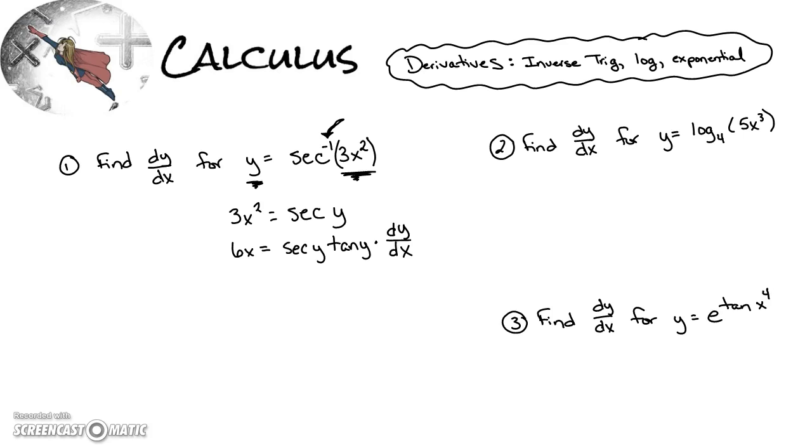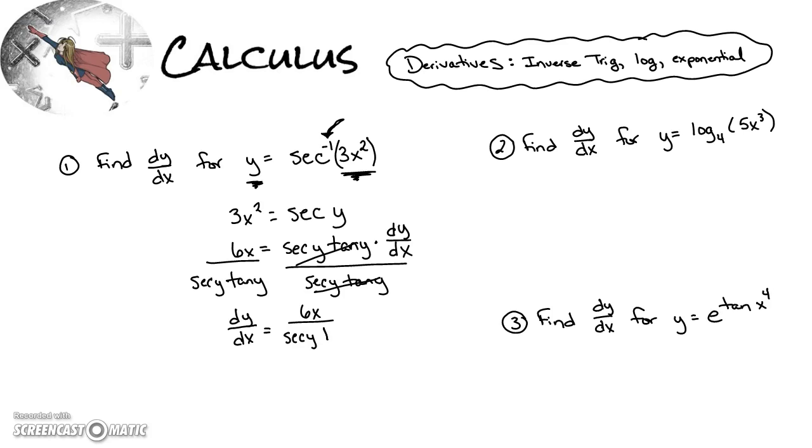So to get dy dx alone, I divide both sides by secant tangent. So secant y tangent y on both sides. All right, so right now dy dx is equaling 6x over secant y tangent y.